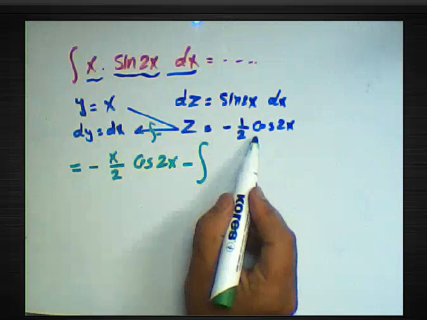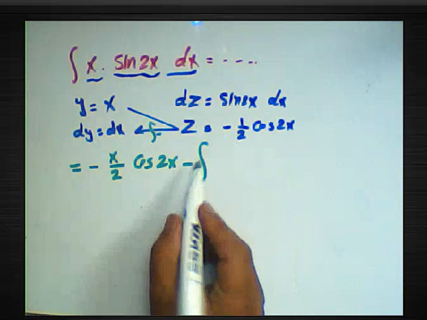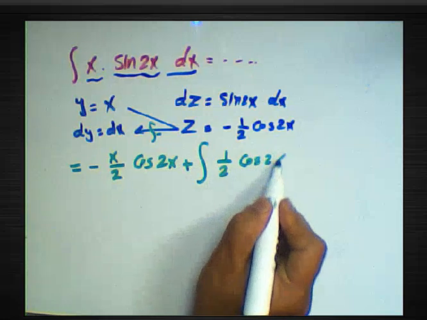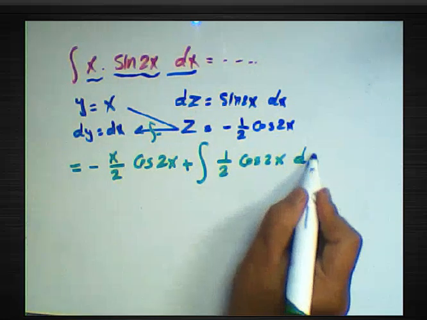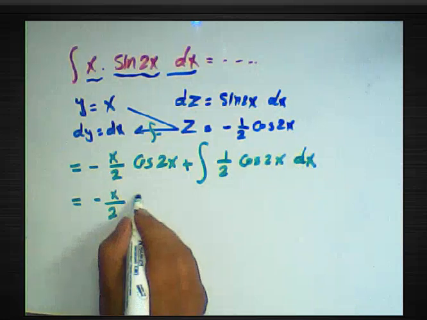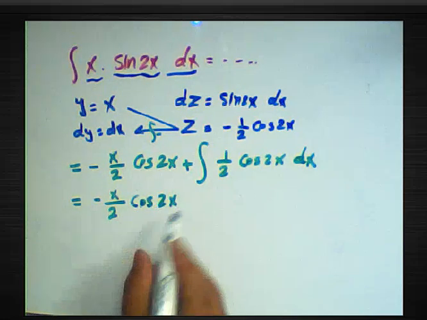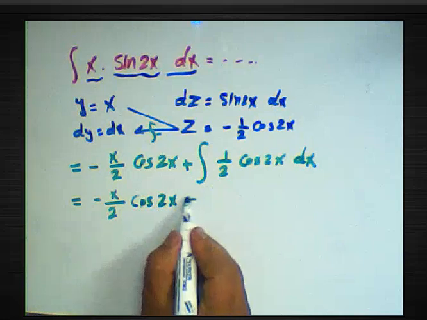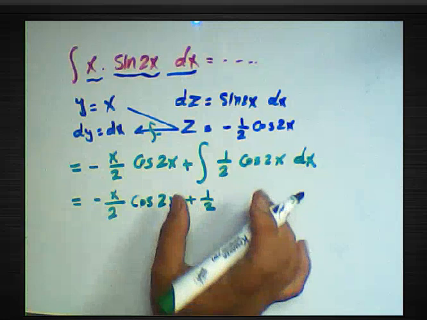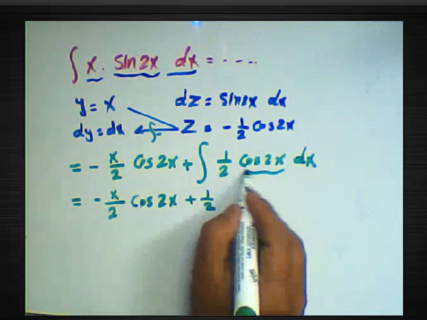Okay, negative times negative equals positive, half cosine 2x dx, and then we can write negative x over 2 cosine 2x, and right here half outside, multiplied by the integration of cosine 2x.